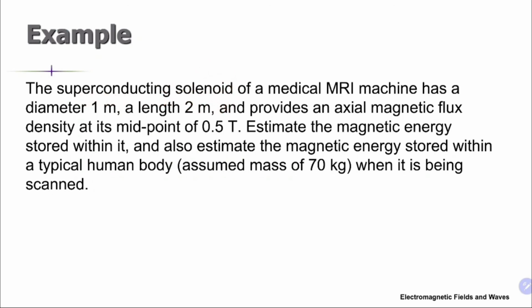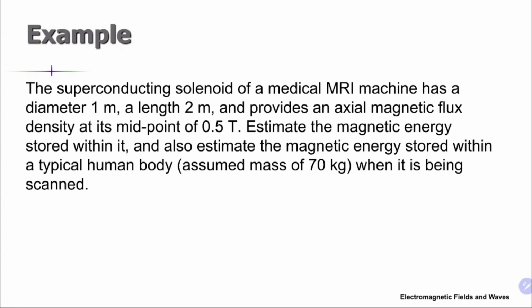Okay, so that creates a high magnetic flux. It provides an axial magnetic flux density at the midpoint of 0.5 Tesla. Estimate the magnetic energy stored within it, and also estimate the magnetic energy stored within a typical human body.